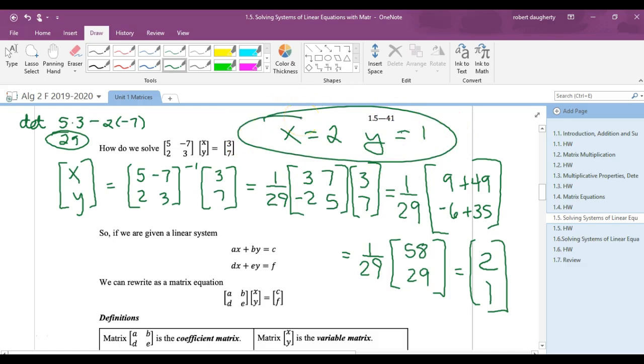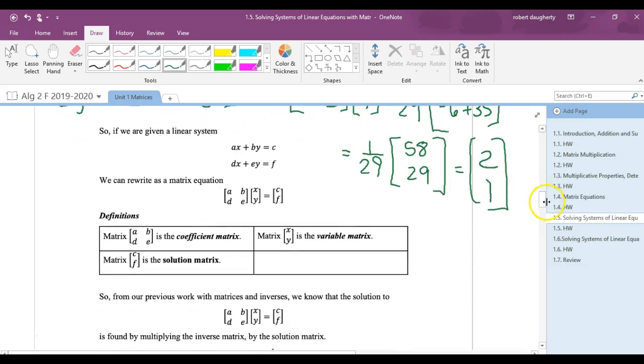So once I got to here, this was yesterday's problem. All we're saying is when you see a system of equations, you can rewrite it as a matrix equation. So when you encounter anything that looks like this, you're going to build it as a matrix equation. You take all the coefficients, A, B, D, and E. You have the variables x and y, and then you have the solution matrix over here, C and F. So this first matrix, that's my matrix of coefficients.